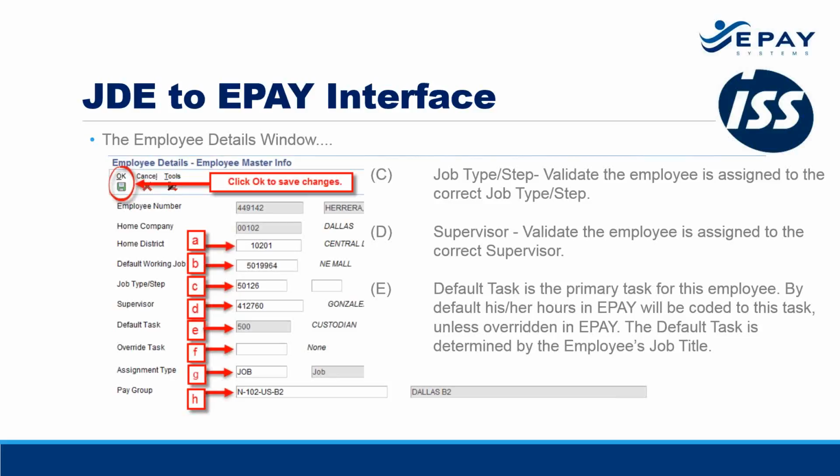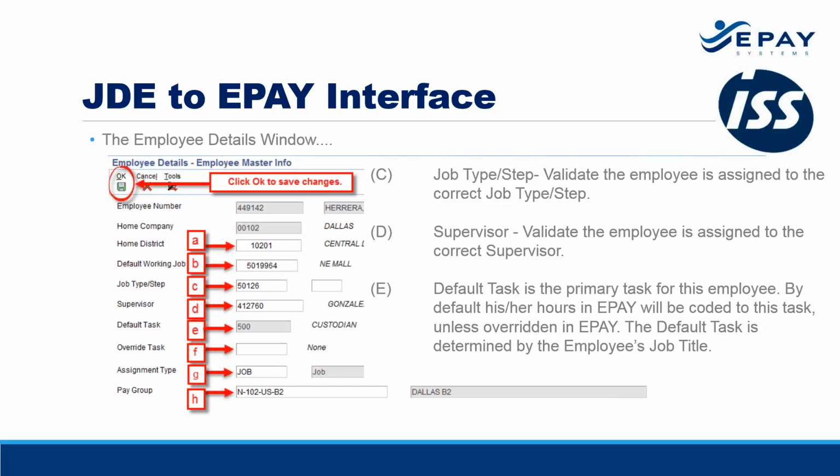For example, we really don't have a CEO job type in the system. There is not really a CEO task on the ePay side or on the task models that we have set up in there. So in those cases, the system will try to do a best equivalent to that particular job type and step or position. So sometimes you may not get the correct task showing there.